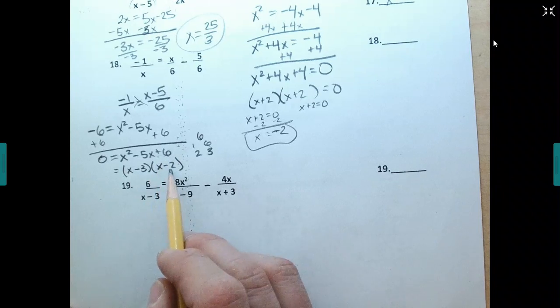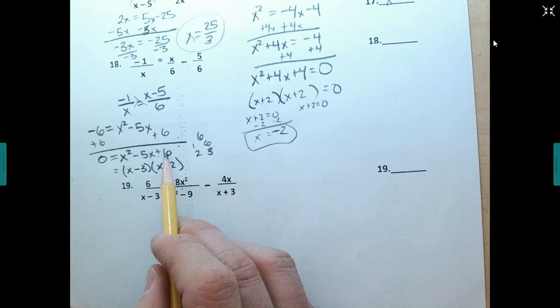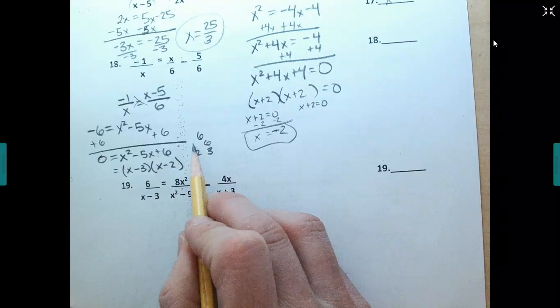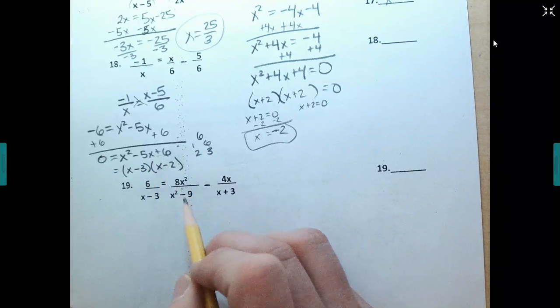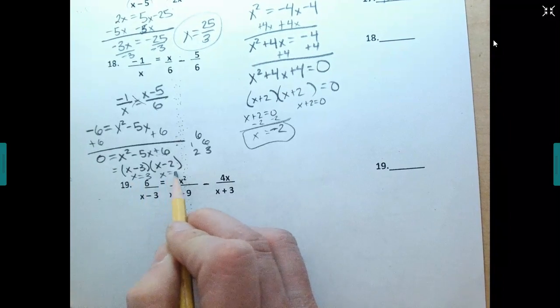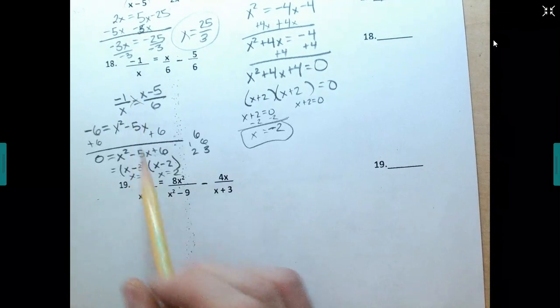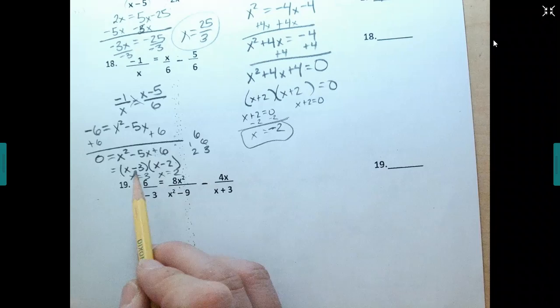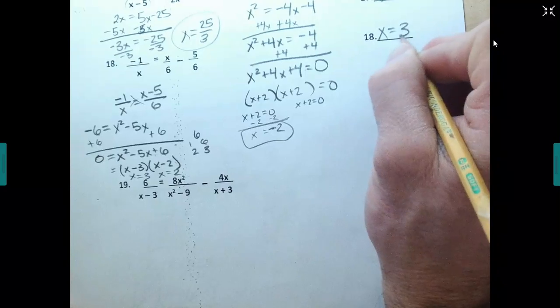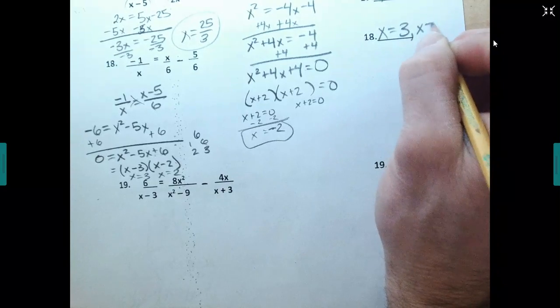So negative 2 times negative 3 gets me a positive 6. But a negative 6 and a positive 1 gives me a negative 6, which isn't right. So there it is. So my x equals 3 and x equals 2, right? Because I have to go x minus 3 equals 0. Add the 3 to both sides. X equals 3. So x equals 3 and x equals 2.